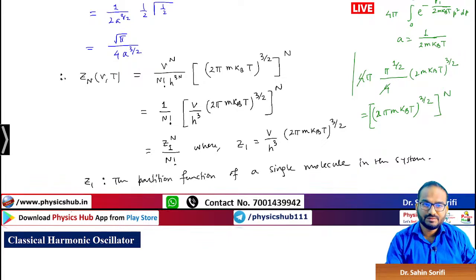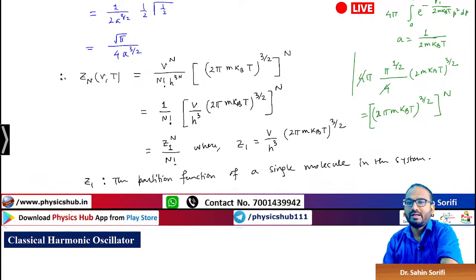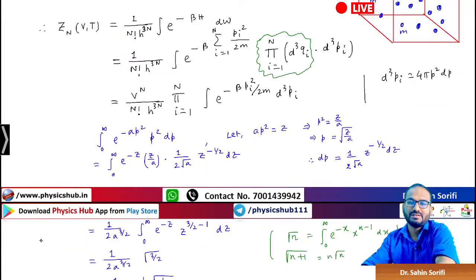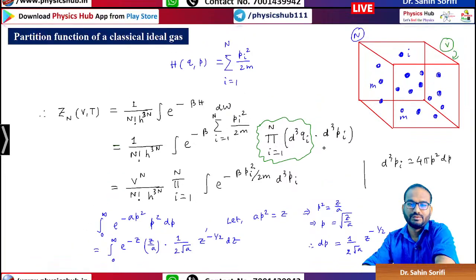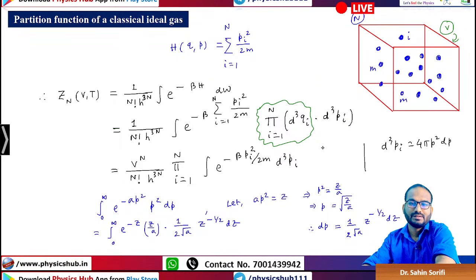Which formula should we remember? Actually, this derivation you need to do. Here there is nothing to remember. You know the Hamiltonian of an ideal gas is this. So this is the actual, more generalized formula. Zn(V,T) is equal to 1 by n factorial h to the power 3n integral e to the minus beta H d omega. d omega is the phase volume.